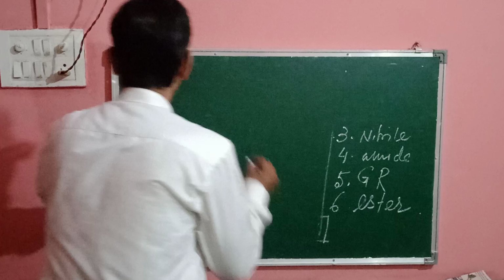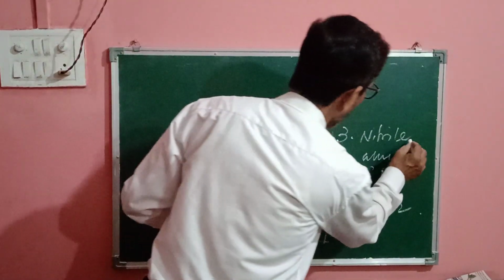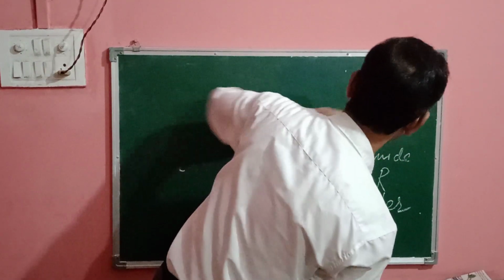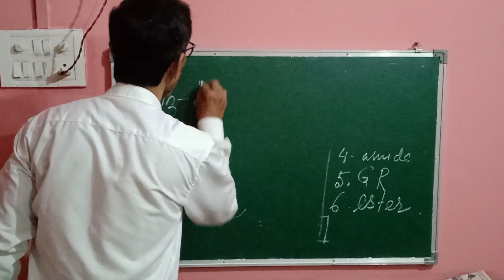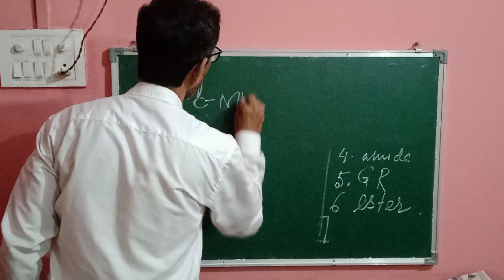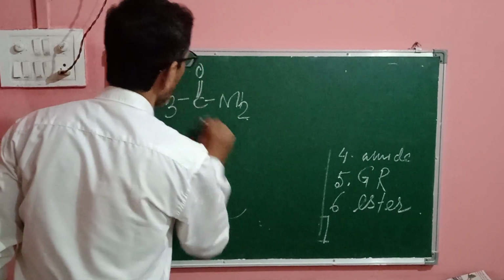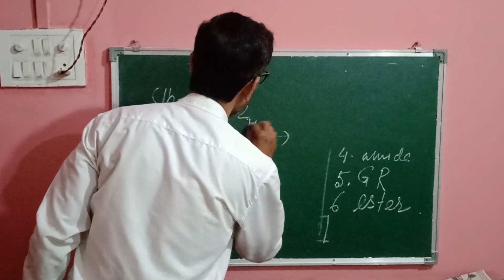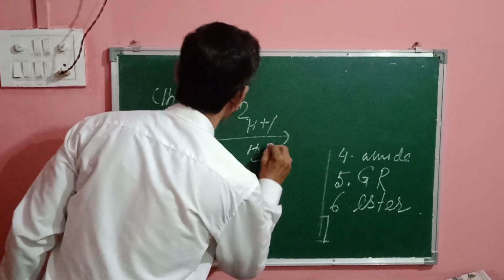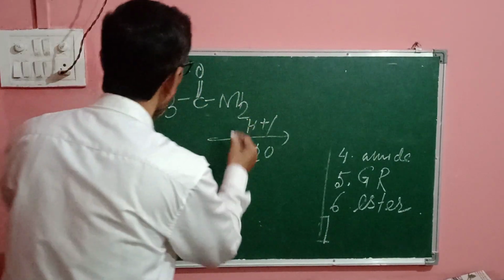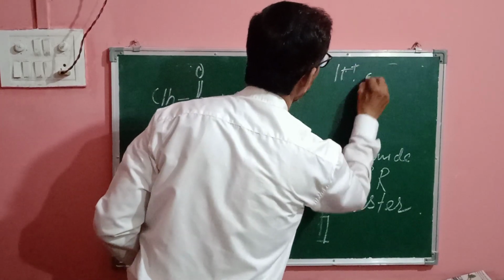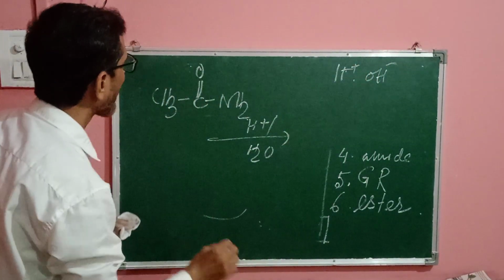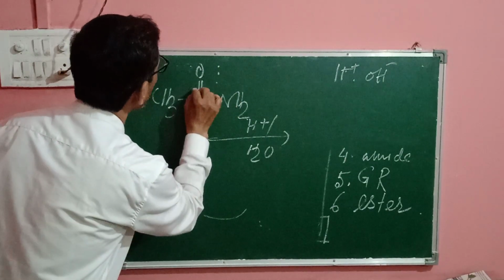Next one, from amide. Amide means, as I showed you a bit earlier, the CONH2 group is an amide. That amide on acid hydrolysis, simply, water has broken into H plus and OH negative. Am I right? So this is withdrawn in this way.